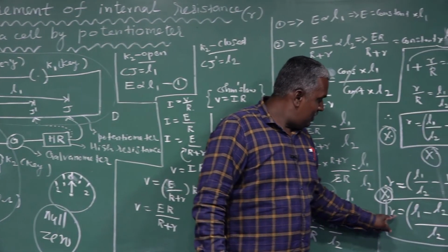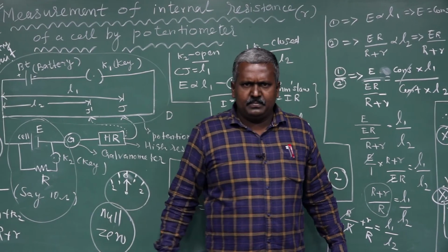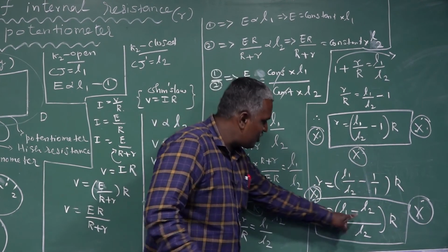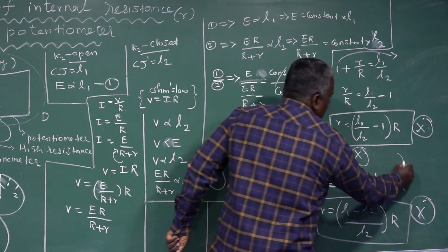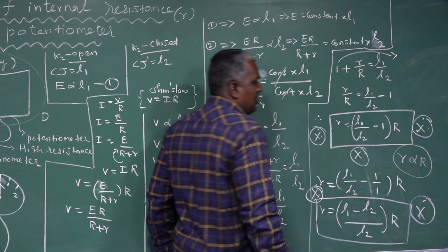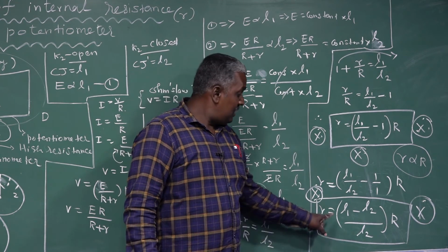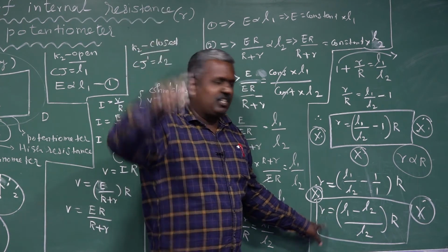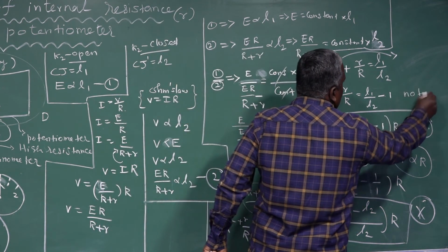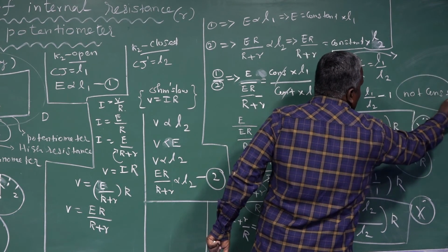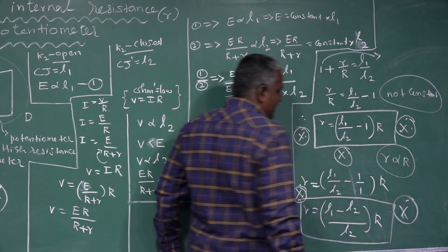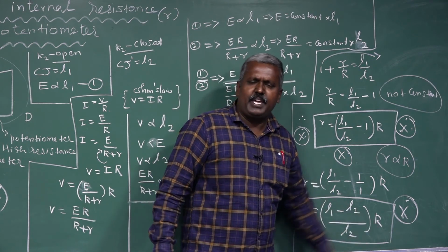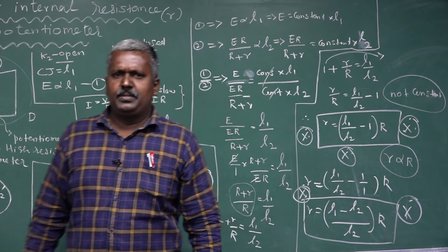So for different values of caps R, the small r value increases with increasing caps R, because small r is proportional to caps R. It is not constant, but increases its value with increasing capital R value. Very simple to proceed.